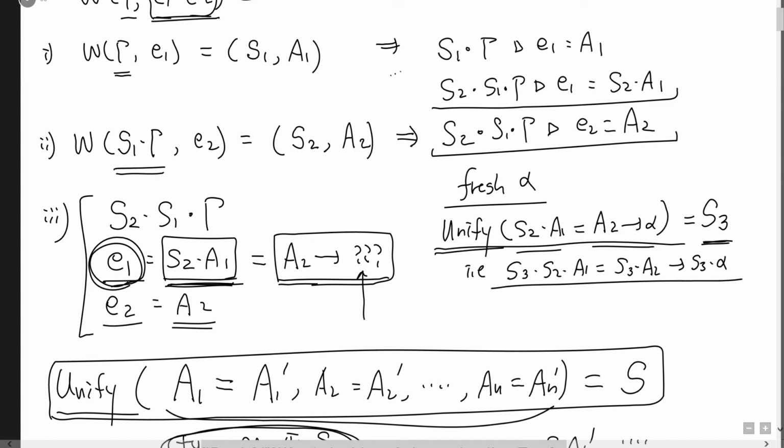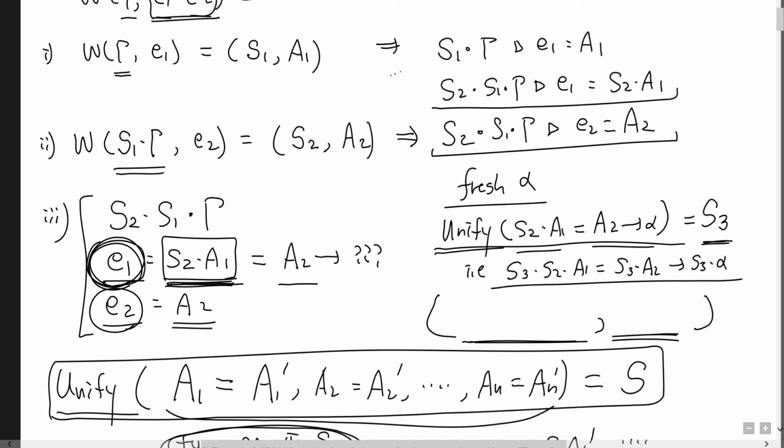Now we have this equation. Then what is the final type? Now we are ready to return the final type substitution and the final type. The expression E1 has type S2 A1, which is A2 arrow alpha, and as the result of unifying this type with A2 arrow alpha, we obtained this type substitution S3.